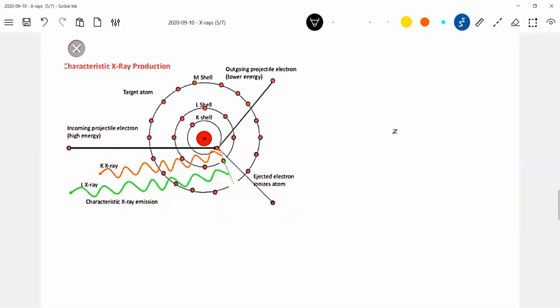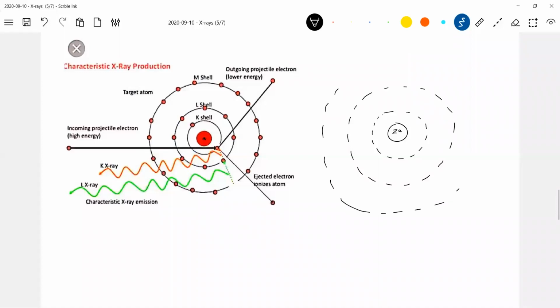Here I will bring an electron, and the red color is the electron.